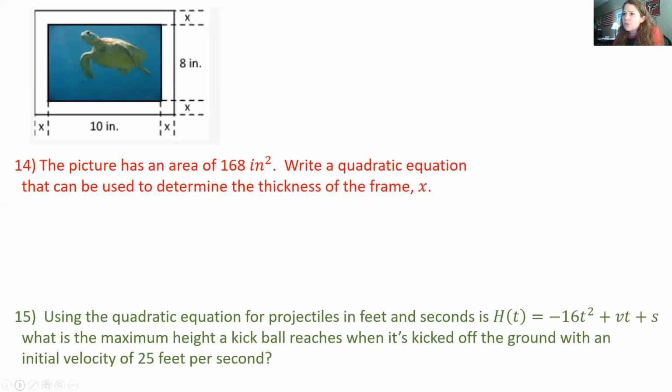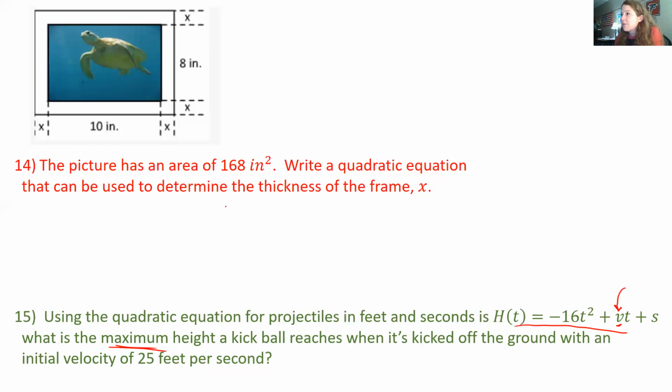All right, number 15, using the quadratic equation for projectiles in feet and seconds, which is this. What is the maximum height of a kickball when it's kicked off the ground with an initial velocity of 25 feet per second? So our velocity right there, that's our velocity.